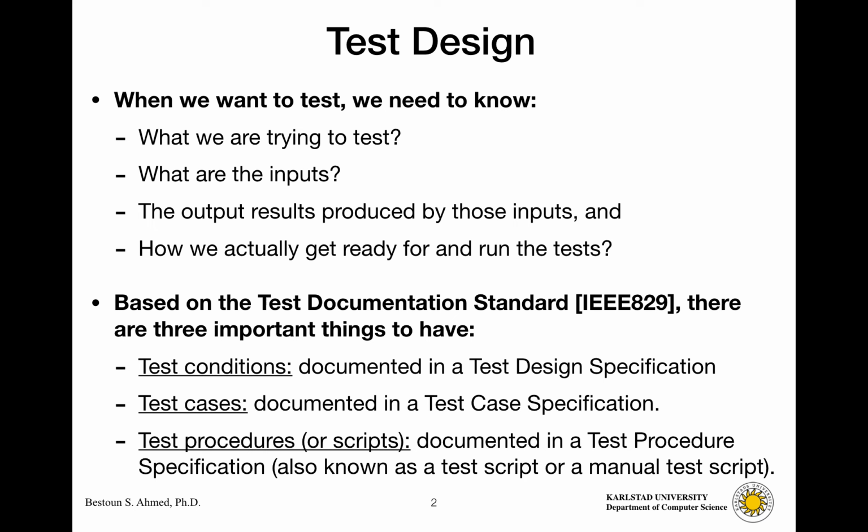And then you have the test cases, and there is a document about that in IEEE 829 called test case specification, and then the test procedure or the script, which is kind of the manual test script that you have to have.